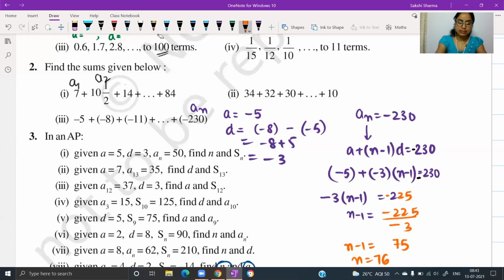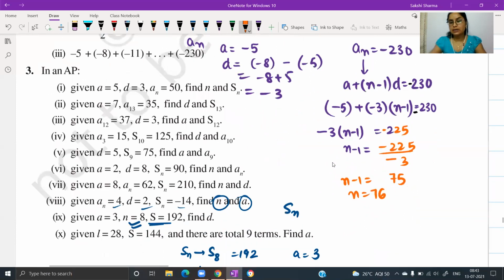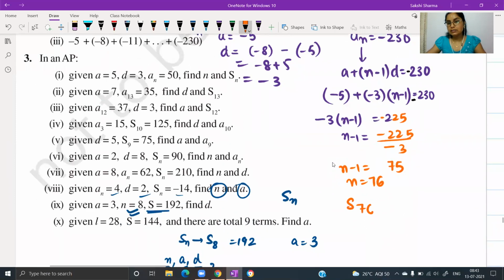So we have 76 terms you have obtained till here. Now you have to apply the formula for S76. So S76 will be equal to 76 by 2. In the brackets, you can take the first and the last term, -5 and -230.